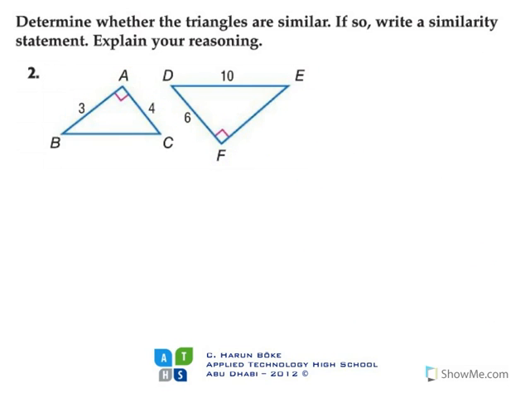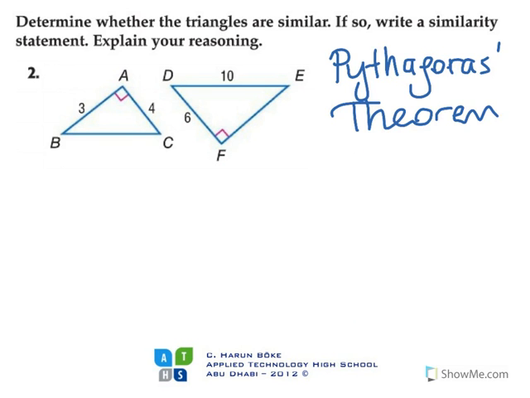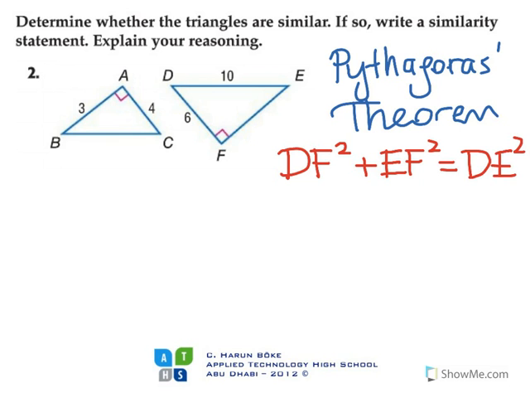Okay, let's start over. Now we know that this is a right angled triangle, so we can apply the Pythagorean theorem, which says the sum of squares of the legs is equal to the square of the hypotenuse. So if we do the substitutions, we will have 6 squared plus EF squared, which we don't know for sure, equals DE squared, which is 10 squared.